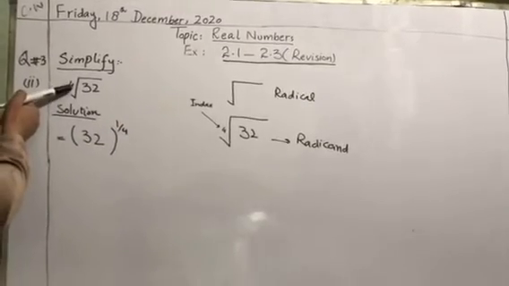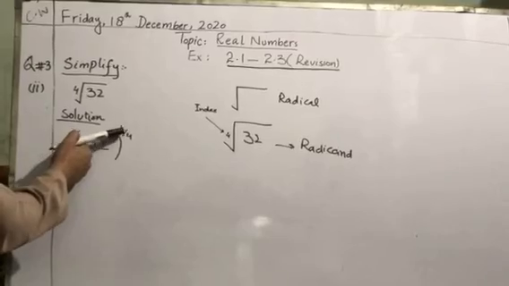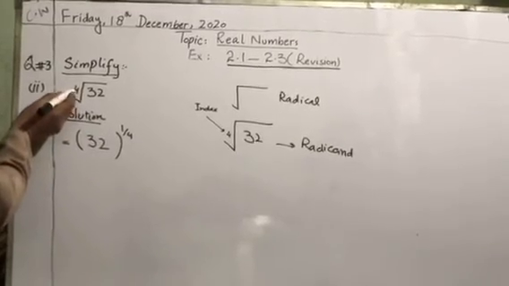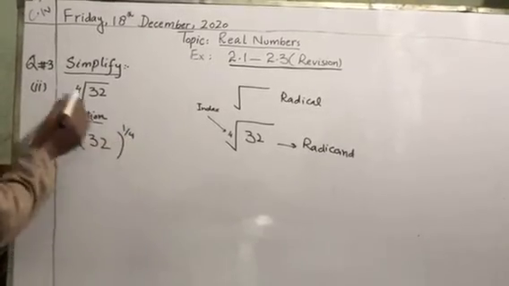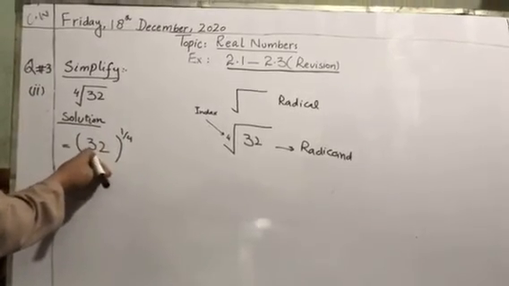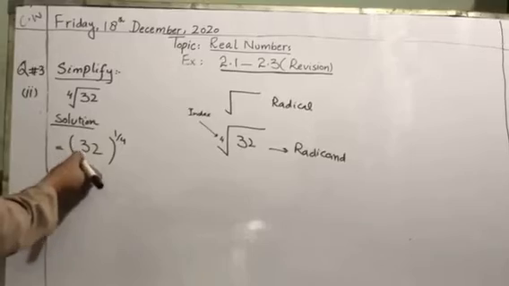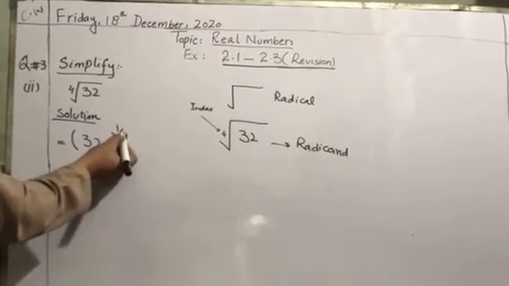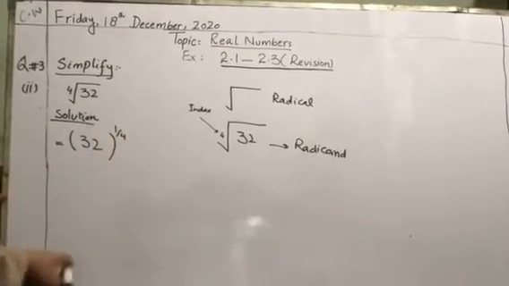If the index is 3, then you will write 1 over 3. If there is no value, then you will write 1 over 2. So it is the index, and it becomes the exponent.